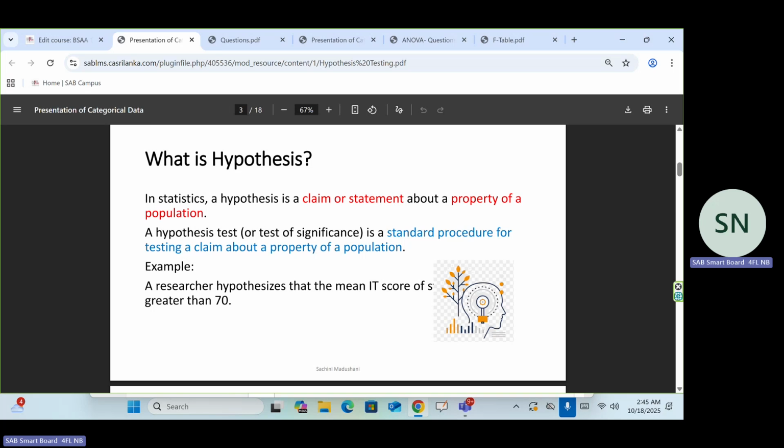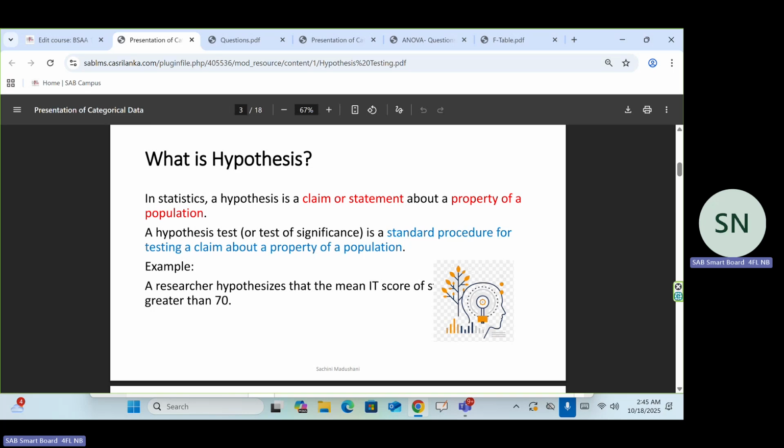After that, we need to check whether the average mark is greater than 40 or not. The second example: the average weight is greater than 55. This is only a claim. Using the statistical procedure, we check whether the average weight is actually greater than 55 or not. The testing part we call hypothesis testing.